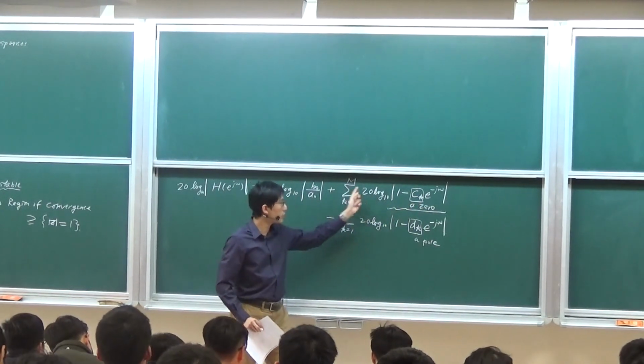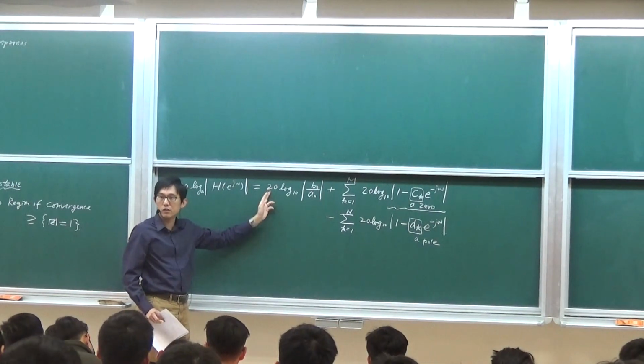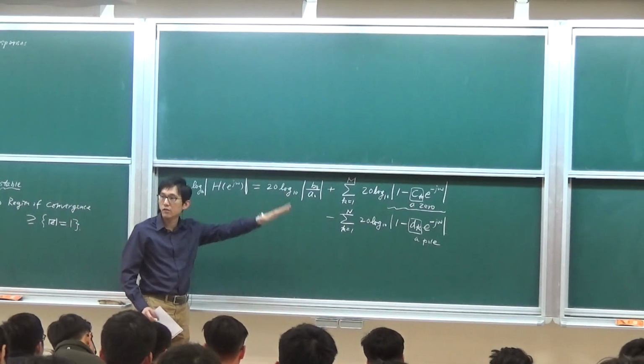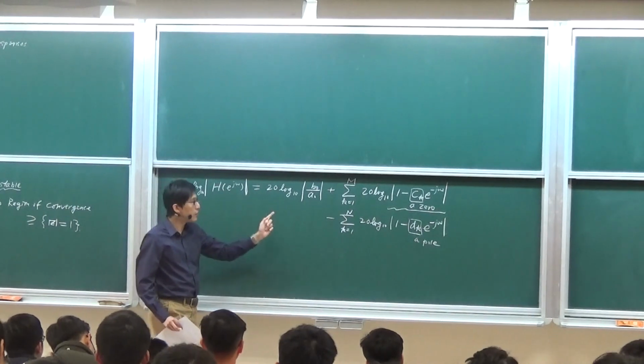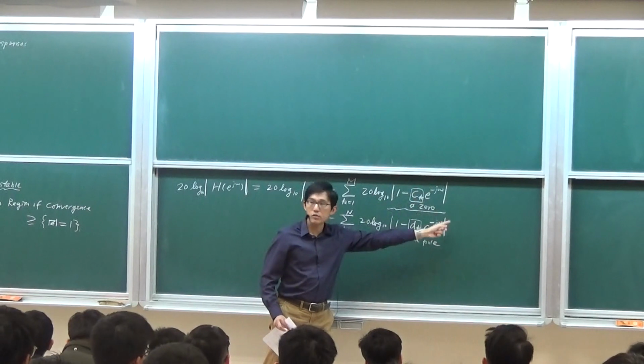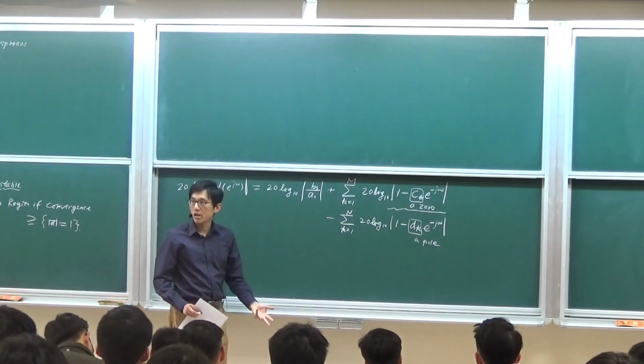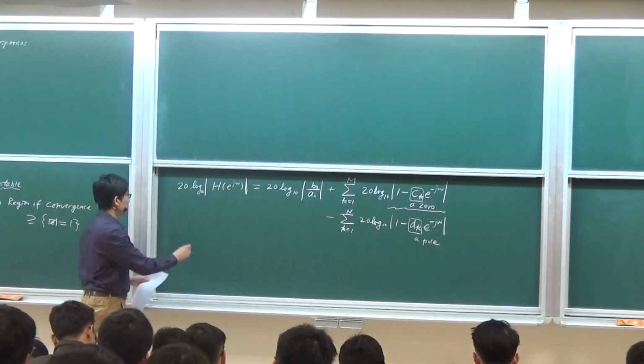Let's just focus, because this is constant, this is not interesting. This is just a kind of DC overall scaling factor. But now let's separately consider this term. How does it look if we make a sketch?